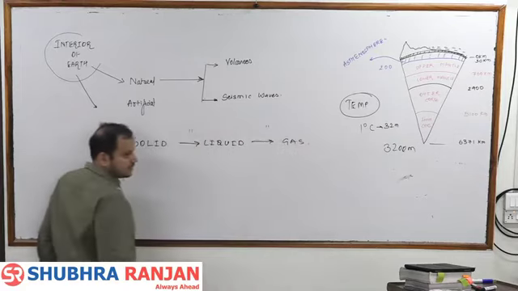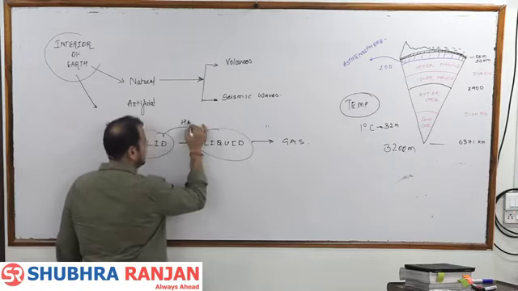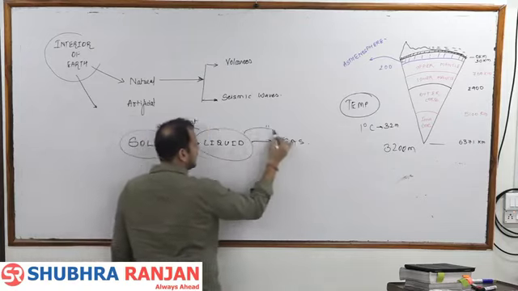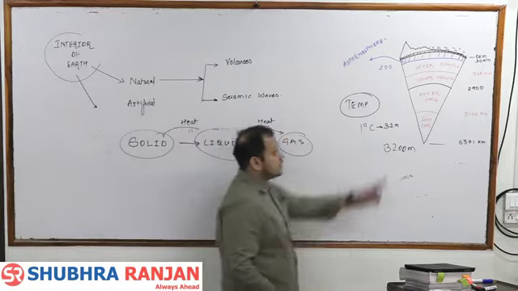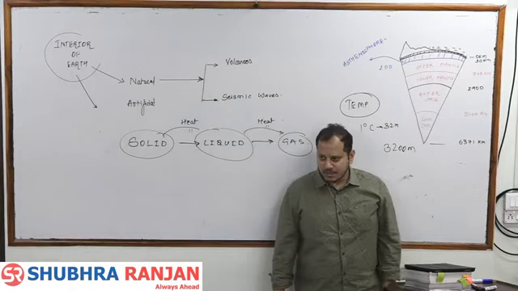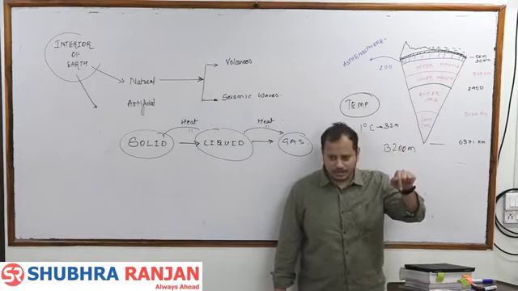Three states of matter. If you heat the solid, it will get converted into liquid. If you heat the liquid, it will get converted into gas. So, can I say this is semi-solid in nature because the temperature is high? Right? So, as we go down, the temperature goes on increasing.